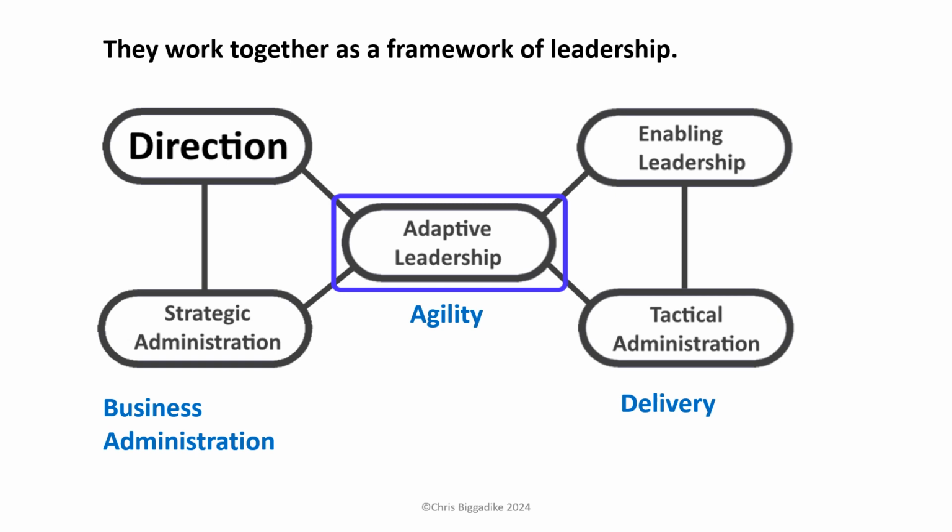Adaptive leadership sits in the middle and is needed by every part of the business whenever agility is called for. This leadership mode is used to either recover from an unexpected event or to facilitate transformational change.